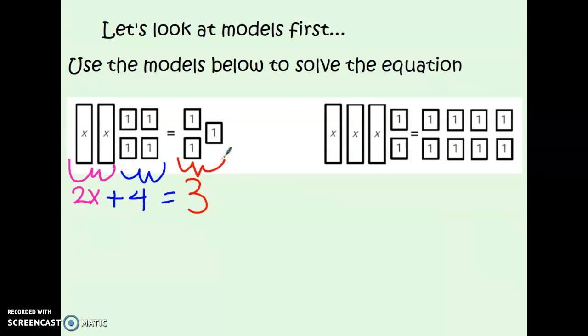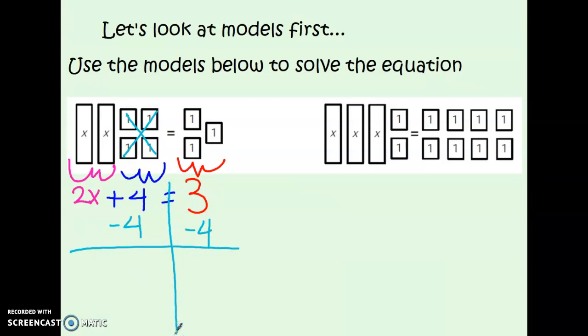We want to undo that first, which means if I want to get these 4 and put them on my other side, I'm going to subtract. So if I'm subtracting 4 from this side, I'm also having to subtract 4 from this side.